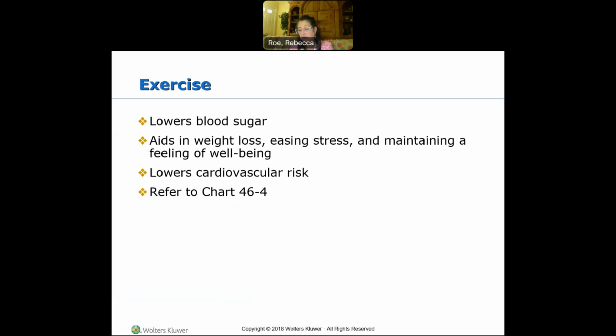Walking's always a consideration as long as they have well-fitting shoes and there's a safe environment in which to walk. It's always safe to go to a mall, where they have mall walking periods before the stores open, and mall walkers will convene there and walk around the mall area.